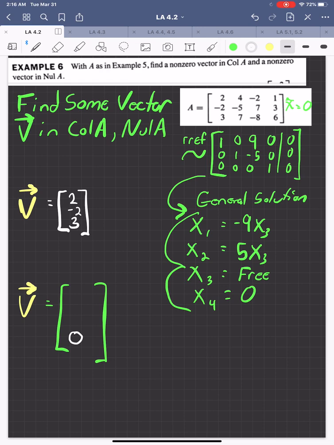Again, our goal is to find some vector. Let's go down the row, starting with the very first entry.